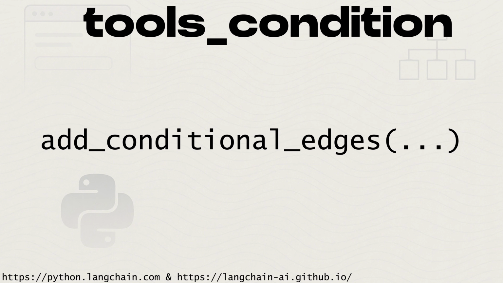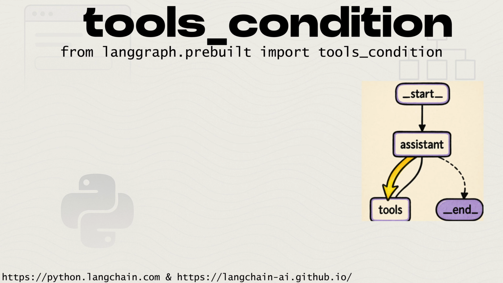You might be already aware about the add conditional edges functionality, which is a function in LangGraph that allows you to decide to which node to go next. Within LangGraph, there is also a pre-built functionality that allows you to utilize the add conditional edges, but for the tools.